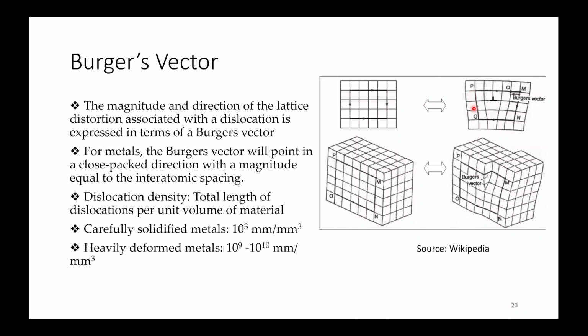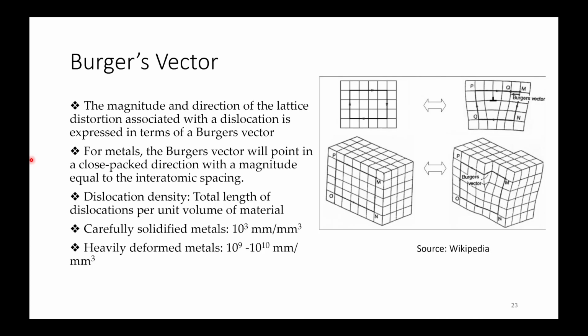In the presence of dislocation or other defects, this Burgers circuit won't get completed. If you walk the same number of steps in each direction, you will require a vector to join this circuit. For metals, the Burgers vector will point in a close-packed direction with a magnitude equal to the interatomic spacing.